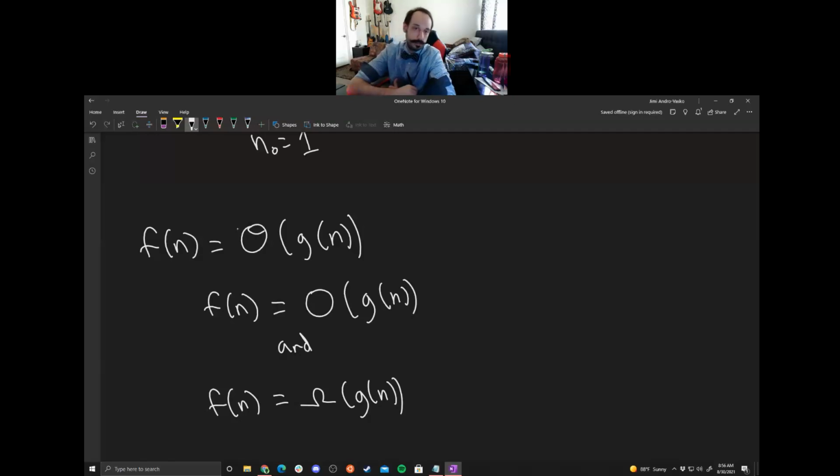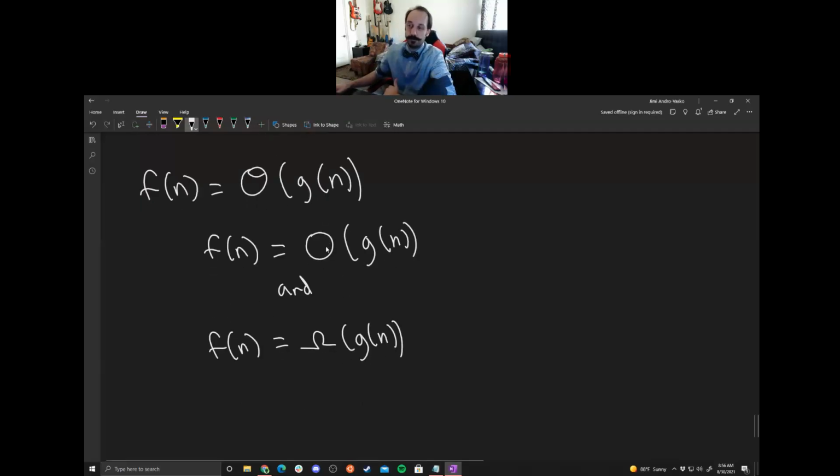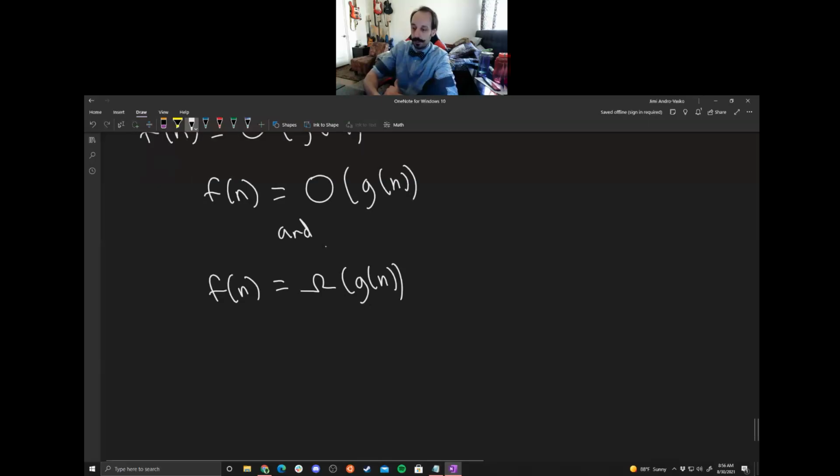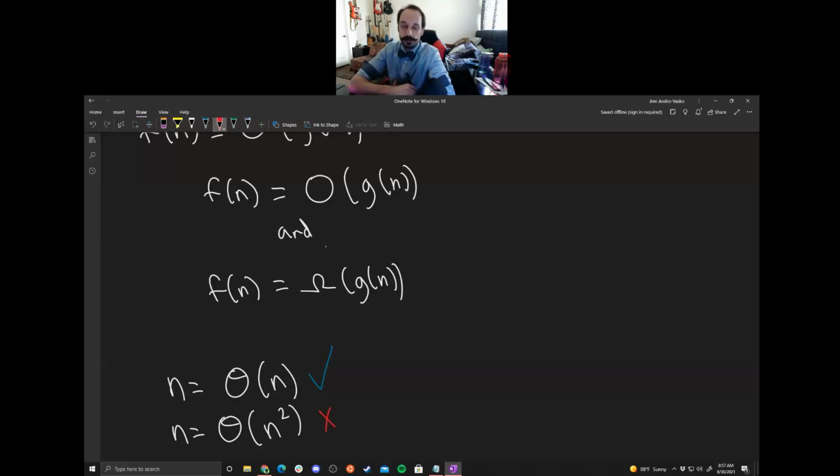I'm not going to work these out, but I'll explain them with a few quick examples. If I say n equals theta of n, that would be correct. If I say n equals theta of n squared, that would not be correct, because theta means it has to be exactly at that growth rate.